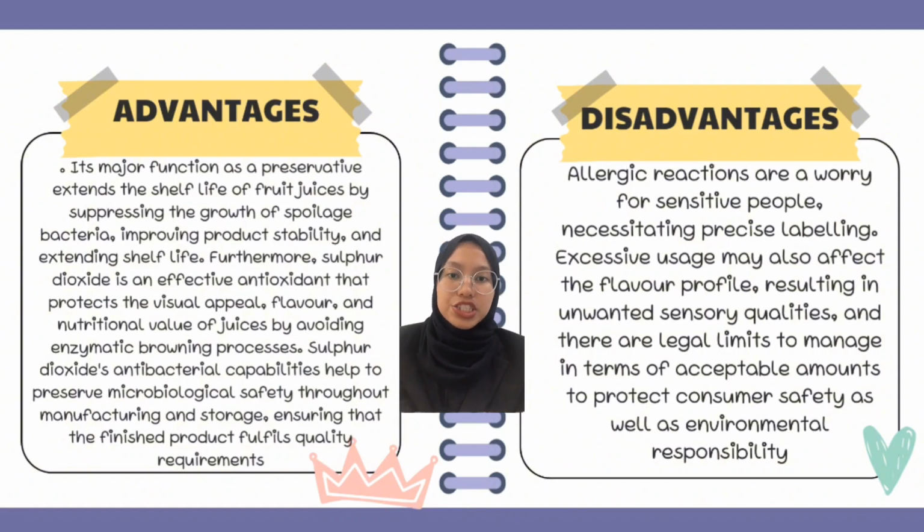Furthermore, sulfur dioxide is an effective antioxidant that protects the visual appeal, flavor, and nutritional value of juice by avoiding enzymatic browning processes. Sulfur dioxide's antibacterial capability helps to preserve microbiological safety throughout manufacturing and storage. It also ensures that the finished product fulfills quality requirements.